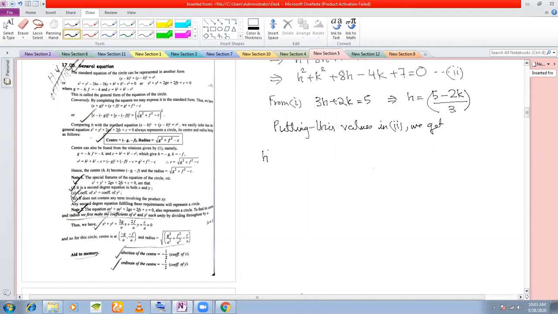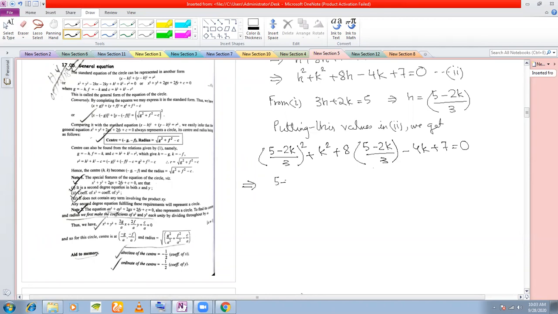H square, instead of h you put the value. You get (5 minus 2k by 3) whole square plus k square plus 8 times (5 minus 2k by 3) minus 4k plus 7 equal to 0.